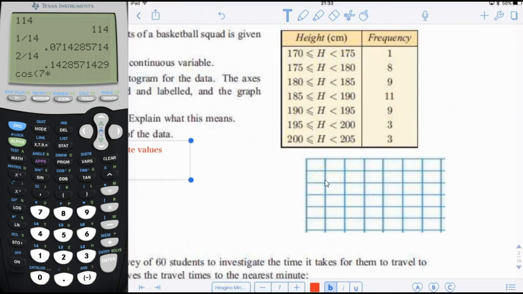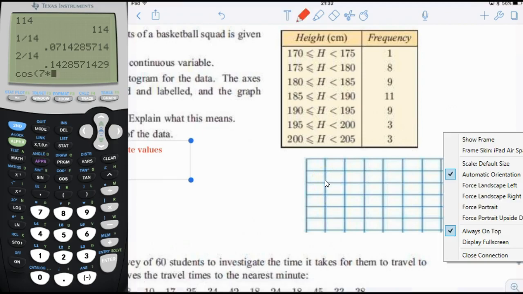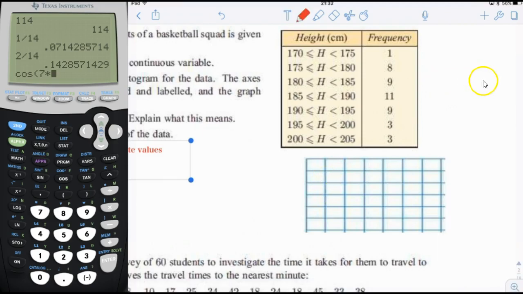So here we're going to have 170, 175, 180, 185, 190, 195, 200, and 205 across the bottom, and that is heights in centimeters.